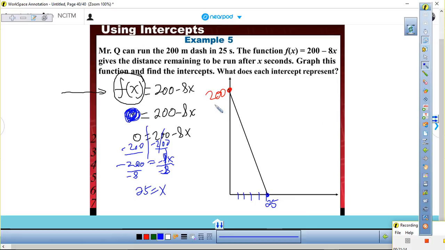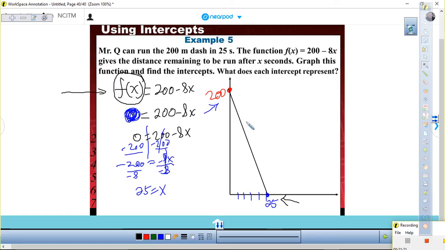Tell your neighbor what the y-intercept represents, and what the x-intercept represents. Let's see. If we get this right, we're done. If not, we're going to do the next one together.